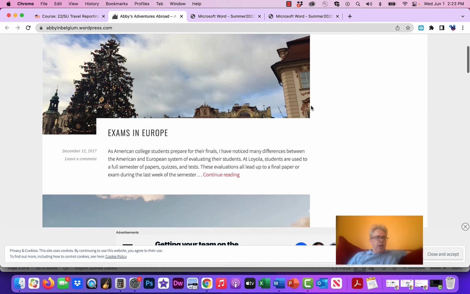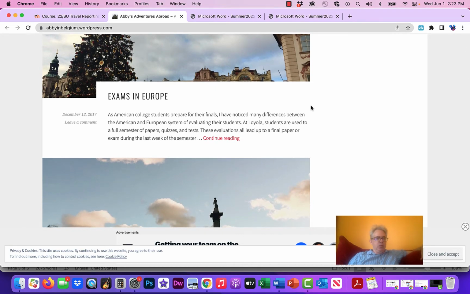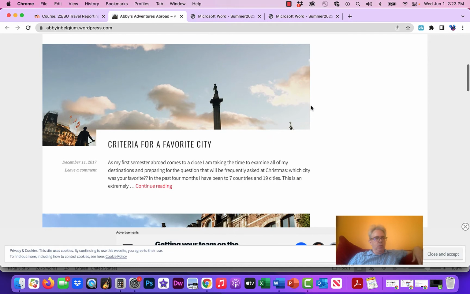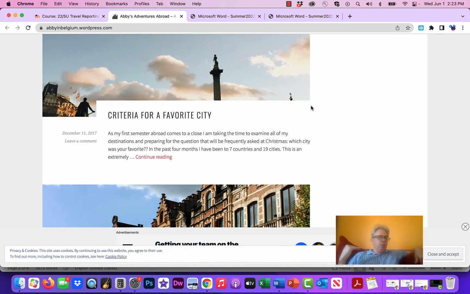So she's writing about not necessarily just standard travel experiences like going to a restaurant or a museum, but also the experiences she had. She was at her abroad university, and so she wrote about the differences and examples there as opposed to Loyola.